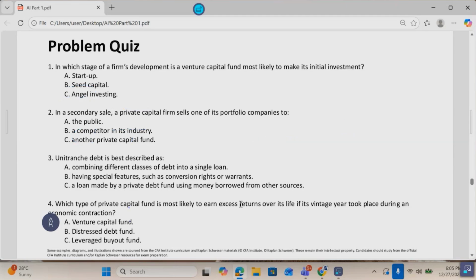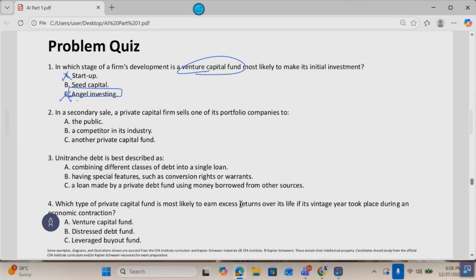So which stage will a venture capital fund normally invest at? Remember, angel is never the stage because angel is too early, too premature. It's not pre-seed. Angel is always friends, family, parents. So not angel. Will he do startup or seed? Now startup is too late. Potentially he'll want to invest a little earlier so that he gets exposure to a higher return.